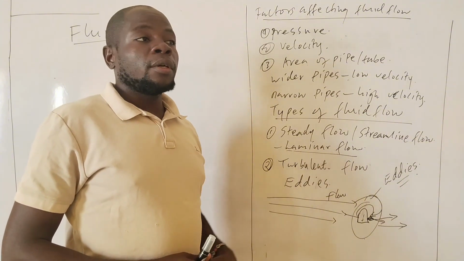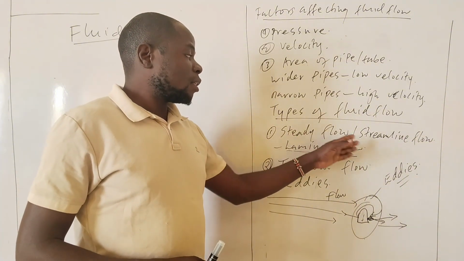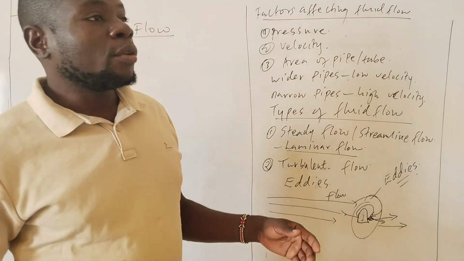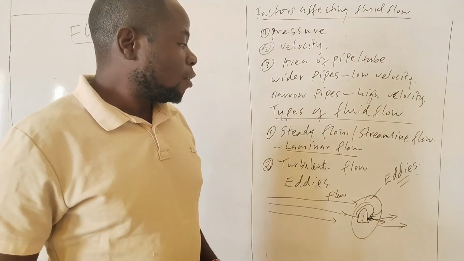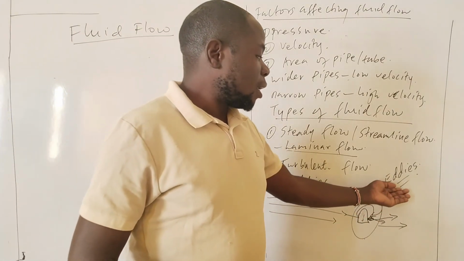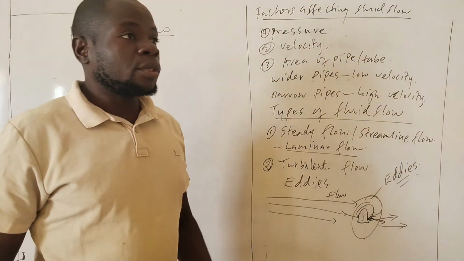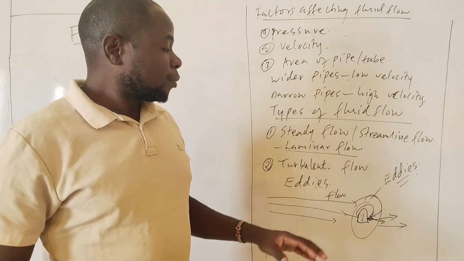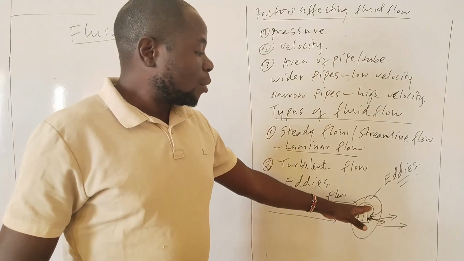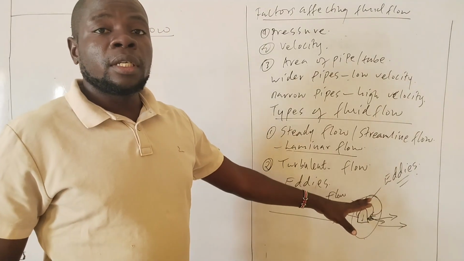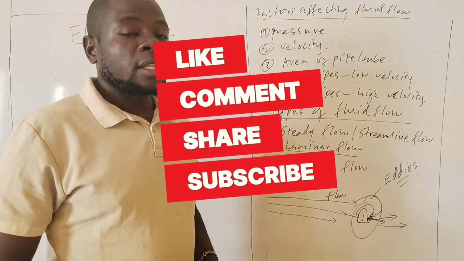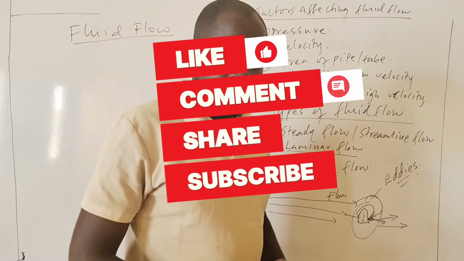So when an object is inside a way of a steady flow, then you will form a turbulent flow, and it will result into eddies. Eddies, we say there is that phenomena where the particles at that particular point are not facing in the same direction. Others are facing in the direction where they are coming from.